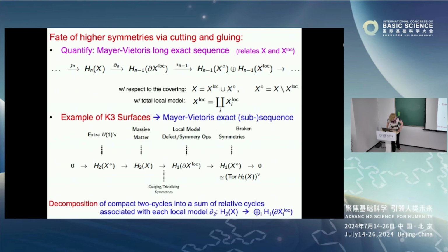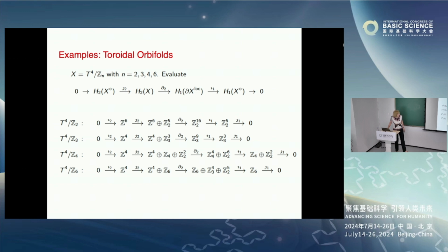In any case, in principle this is the part where we can trace what happens, gauged or broken, and this is the local picture. And so that allowed us to construct the sequences for orbifolds, thanks to excellent postdocs who carried out these calculations, and also for some non-compact ones, so we can trace what happens to H2 here.